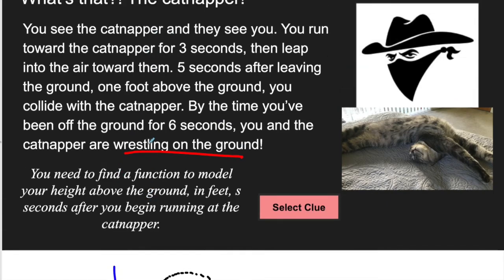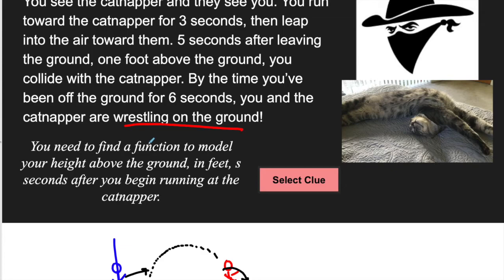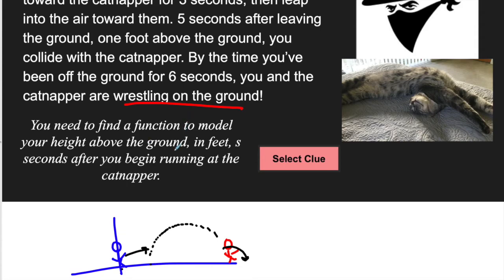So let's read through another time. So again, and if you want to get the points, you got to be willing to invest this. So I'm going to run towards them for 3 seconds. So now I know it's 3 seconds of running. I'm going to leap in the air. Here, between these 2 points alone, it's been another 5 seconds.